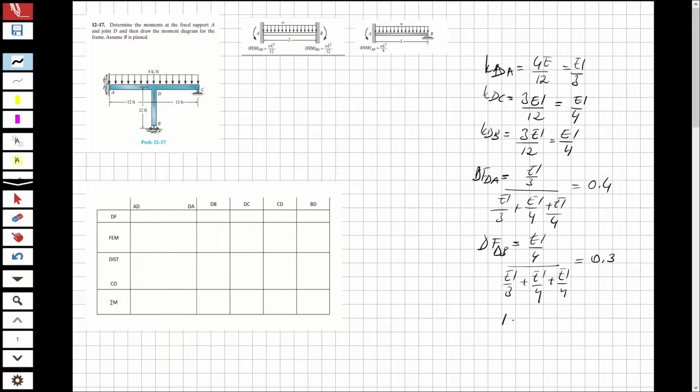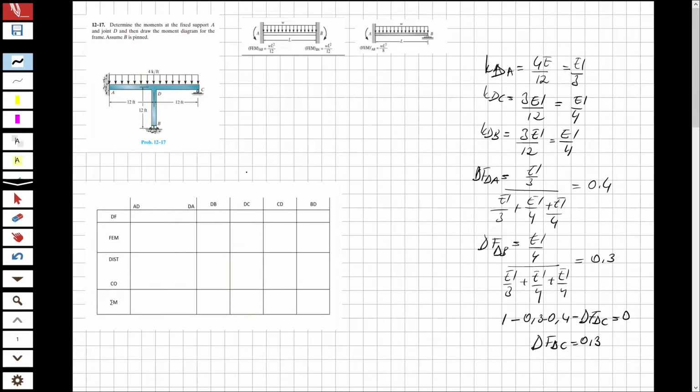When I subtract 0.3 and 0.4 from 1, for DC it will also be 0.3.